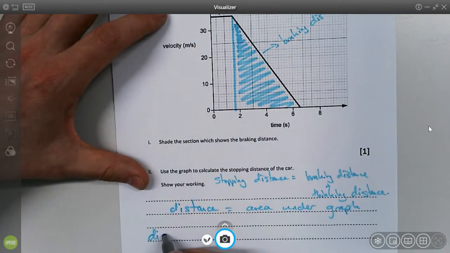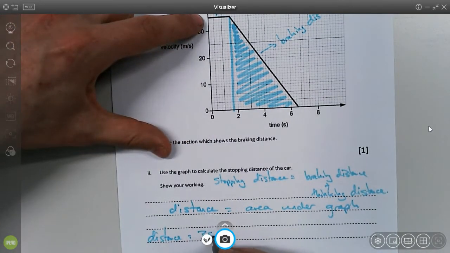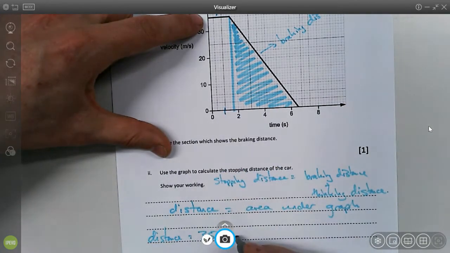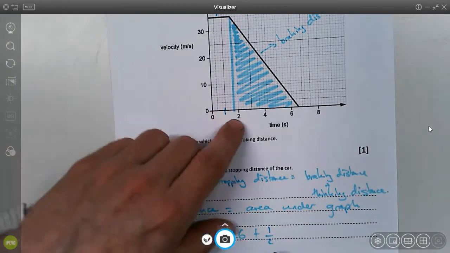So I'm going to say the distance is the area of the rectangle, which is 35 times 1.6 plus the area of the triangle, which is half base times height.